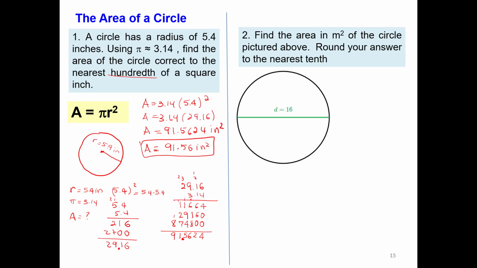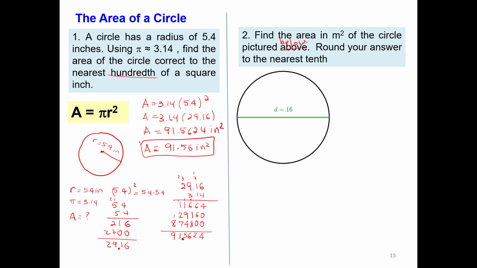Now let's try to solve the next problem. We want to find the area in square meters of this circle pictured below. Round your answer to the nearest tenth.